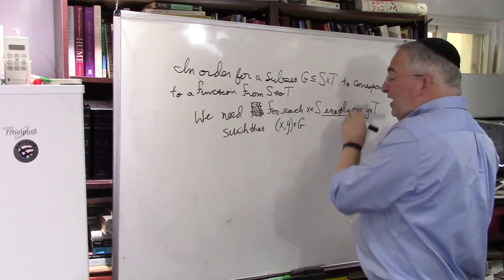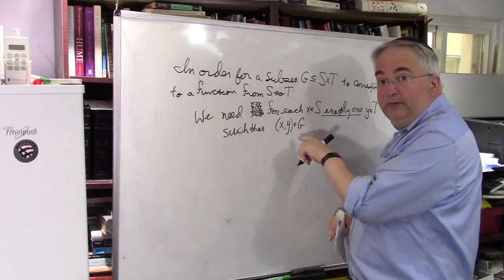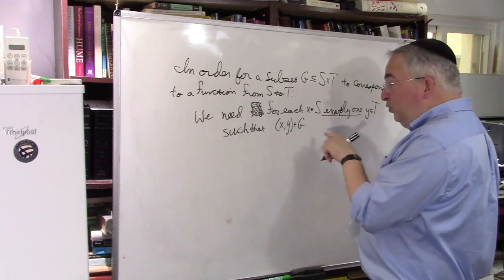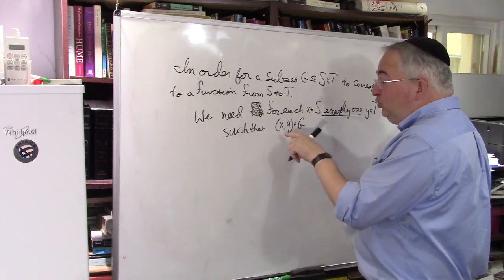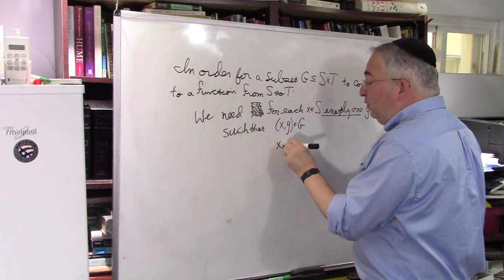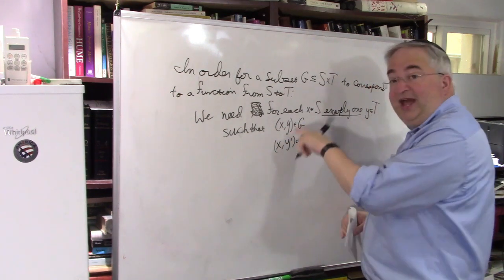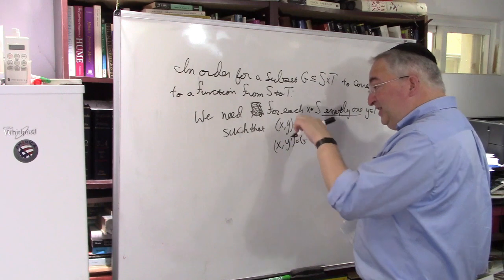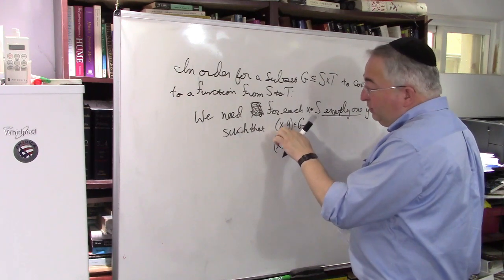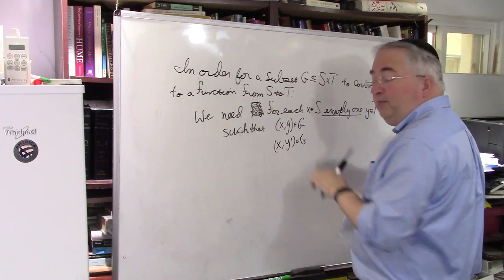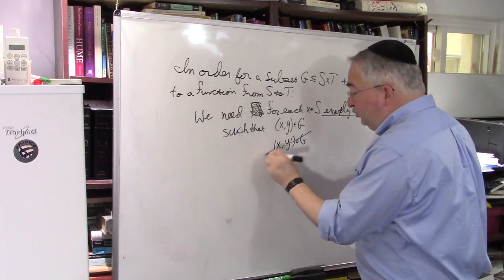But you can't have more than one. You can't have two. You can't have x comma y and x comma y prime both members of G. That's not kosher, because this is not a function, because x goes to y and x goes to y prime. You're not allowed to have that. Cross it out. Bad.